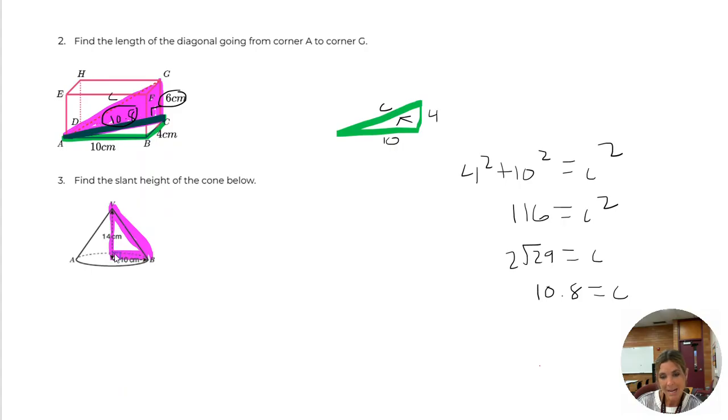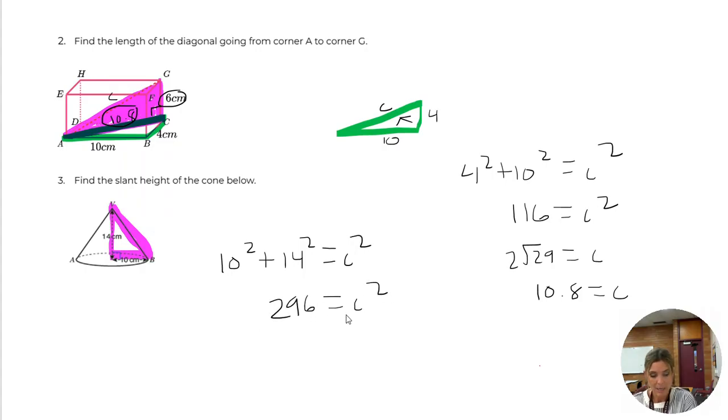The radius of this base is 10, and we're going to use those to help us find that diagonal. So 10 squared plus 14 squared equals C squared. This ends up being 296 equals C squared. And then when you do the square root of 296, you get approximately 7.2.